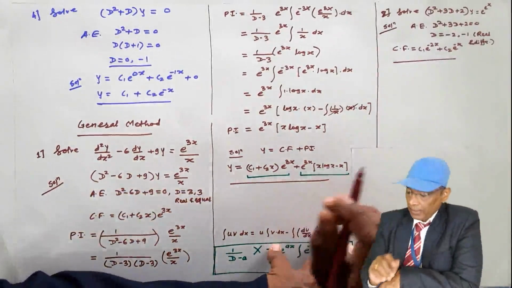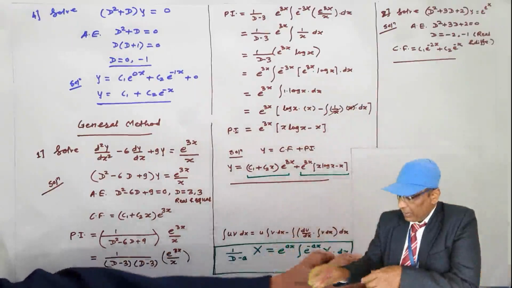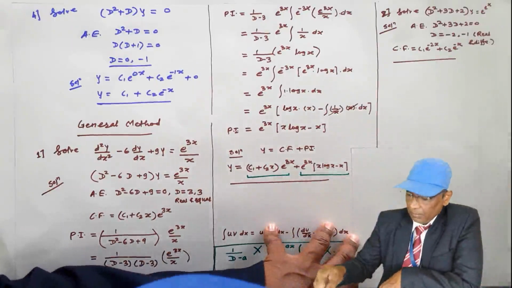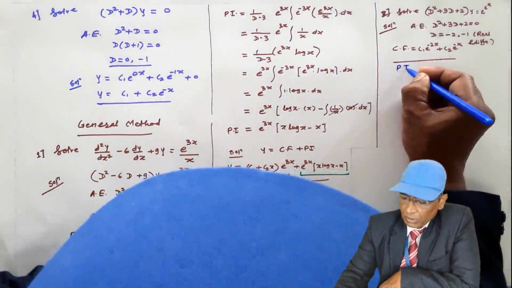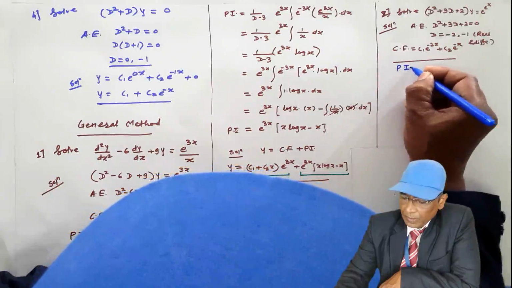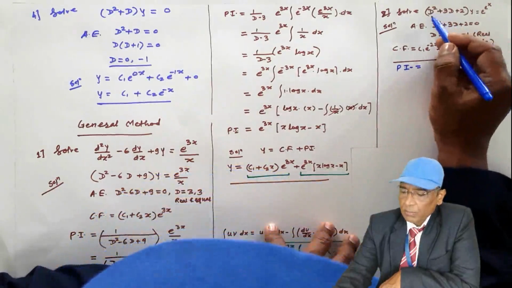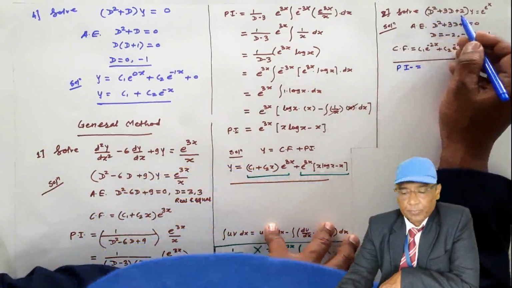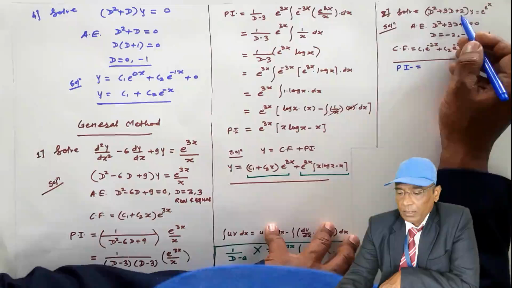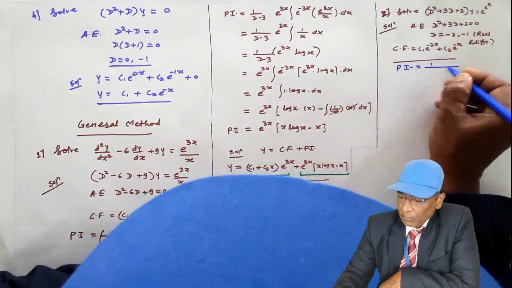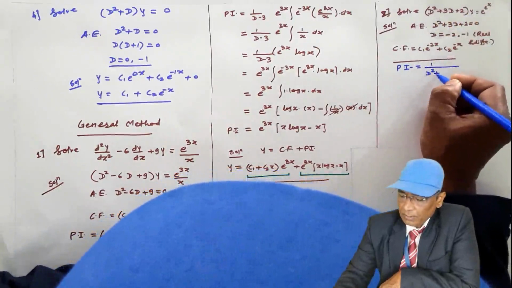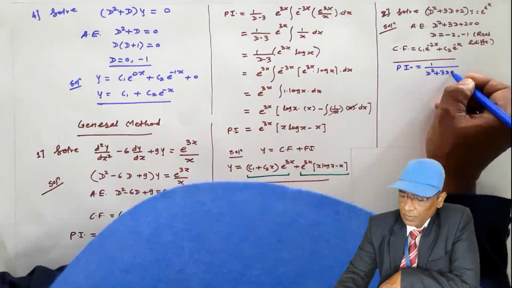Now, the particular integral we are going to find. The particular integral is what? The bracket of D, meaning the coefficient of y, I have to shift to the right hand side, 1 by D squared plus 3D plus 2.